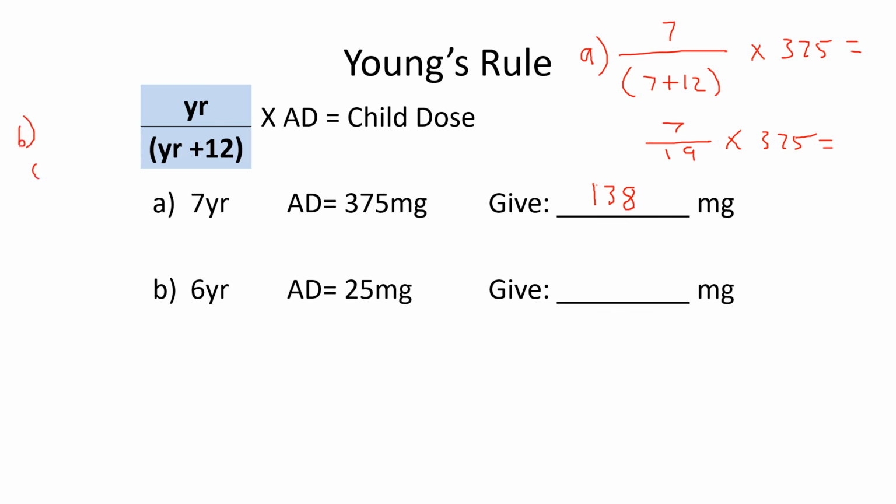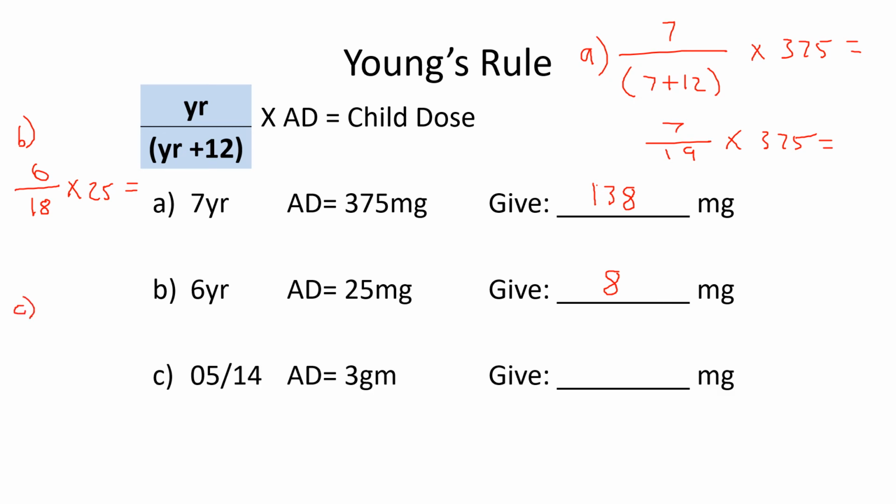B, we got 6 over, what's 6 plus 12? 18 times 25. So that's going to be about 8. They were born May 2014.